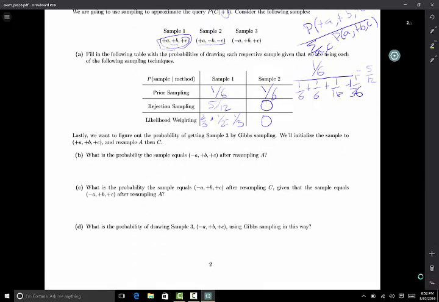Now I want to use Gibbs sampling, and we initialize to all positive.